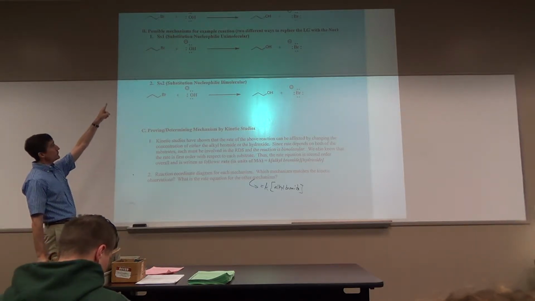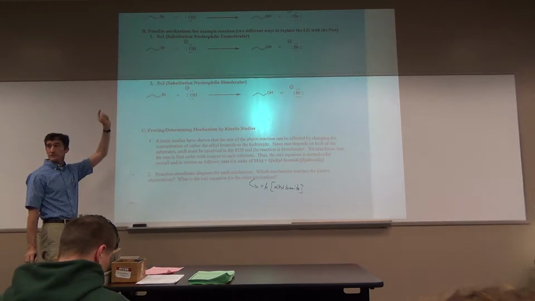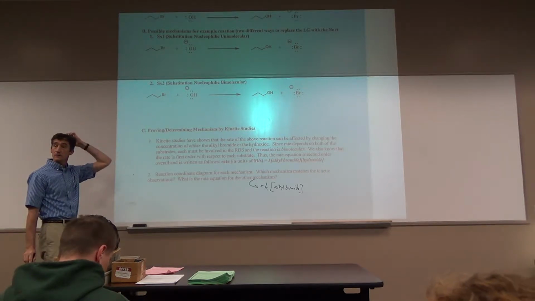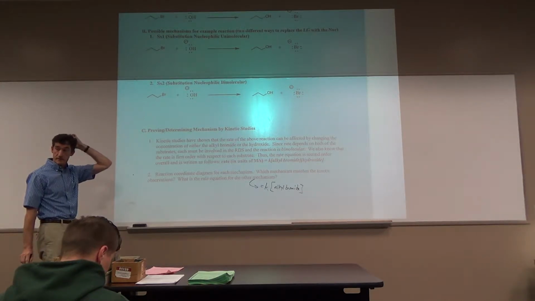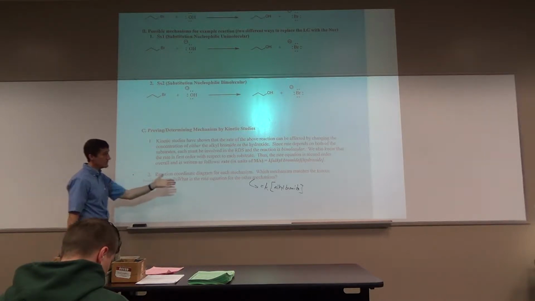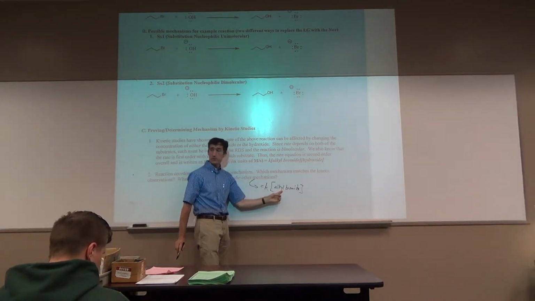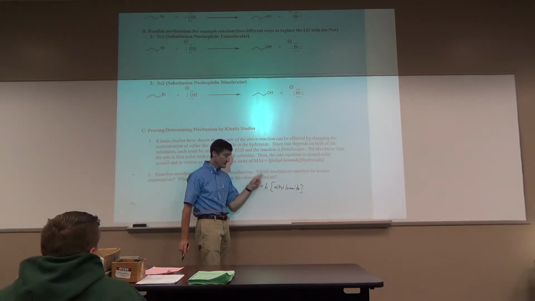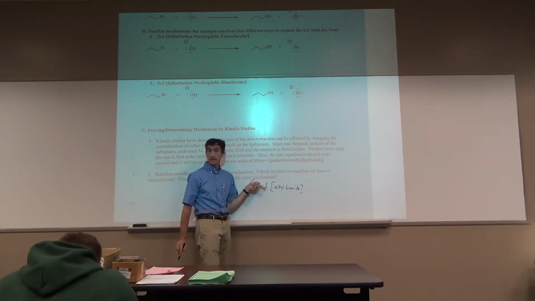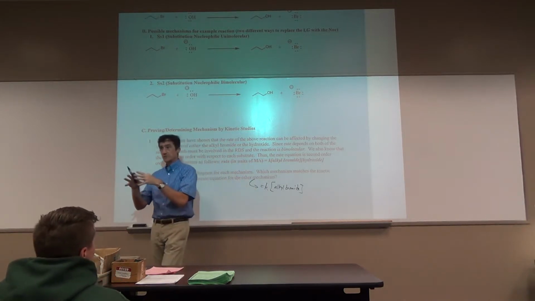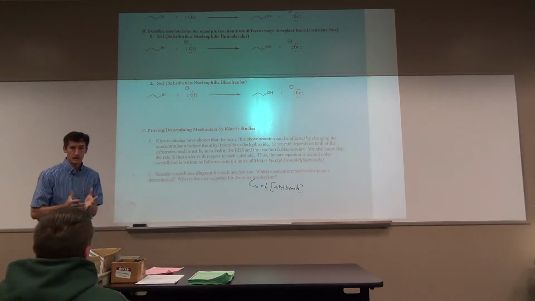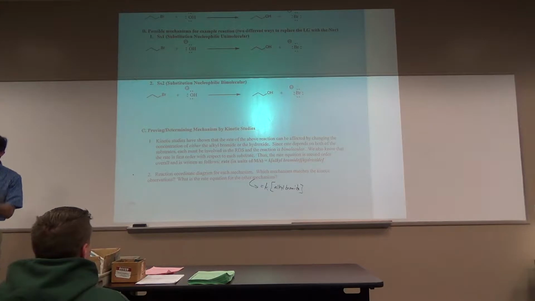If that up there was forming a secondary cation, would the reaction be faster? Yes, it's easier to form a secondary cation. It would be faster. How does that show up in the rate? We didn't change the alkyl bromide. That's in k. k is some constant that comes from just the parameters of the reaction, the reactants.